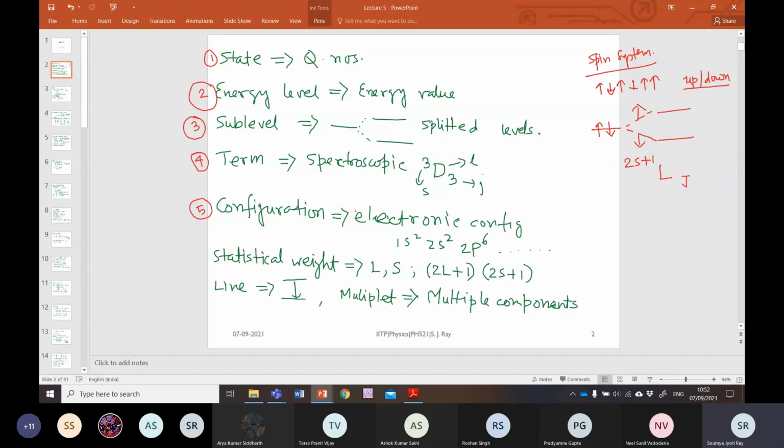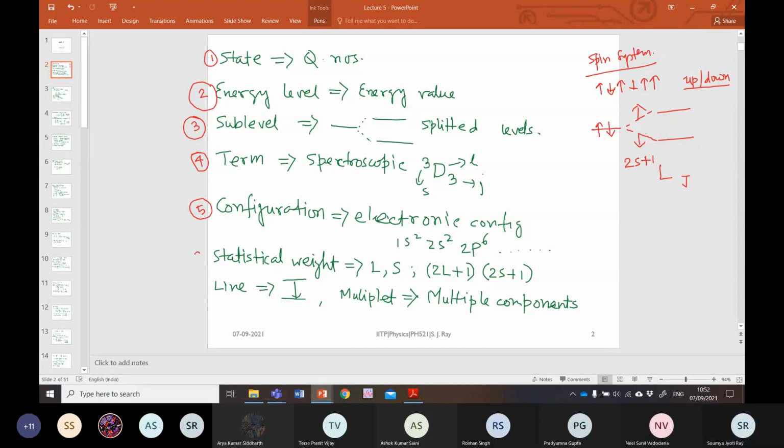There are principal quantum numbers, and atomic orbitals like s, p, d, f. Depending on the capacity, how the electrons are distributed in these energy levels, or shells, that tells us a complete story about the electronic configuration of a particular material.